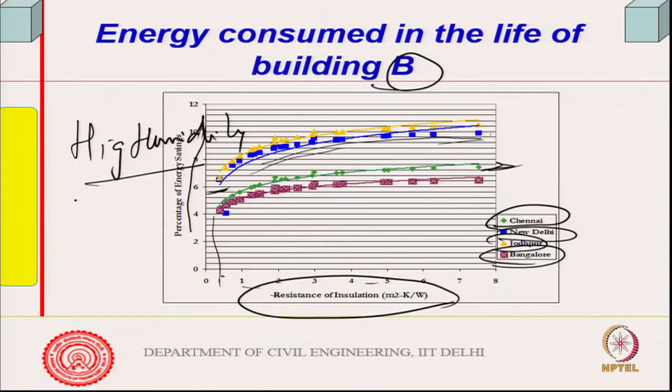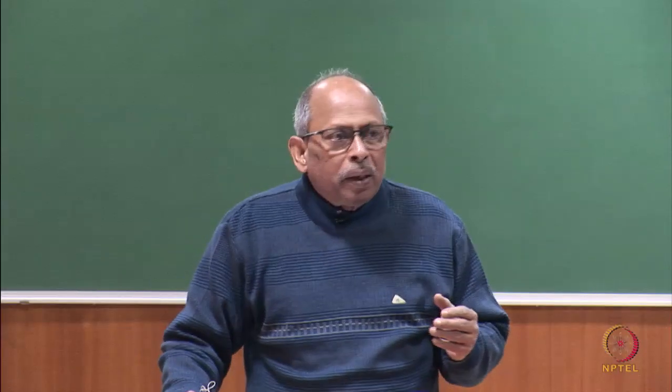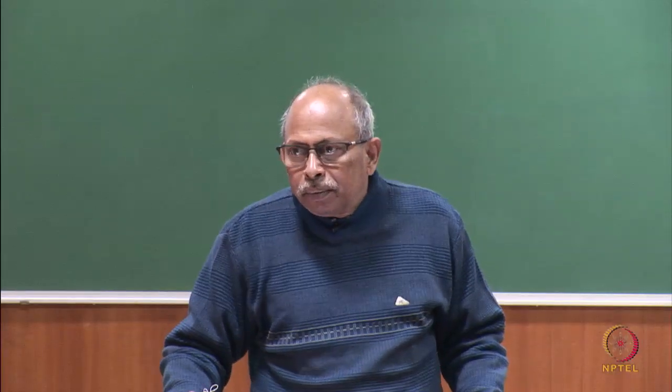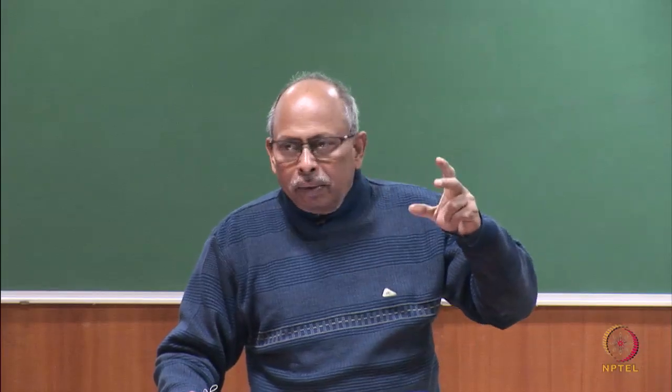Low diurnal variation means the day and night temperature variation is lower. In Delhi or Jodhpur, in summer the minimum temperature goes to around 25 or so, the maximum will be 45, could be even higher, right.